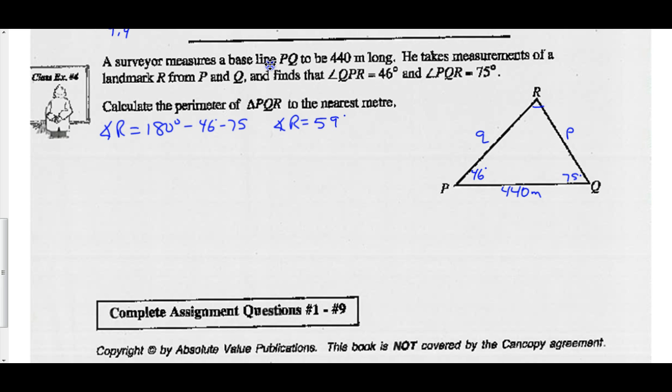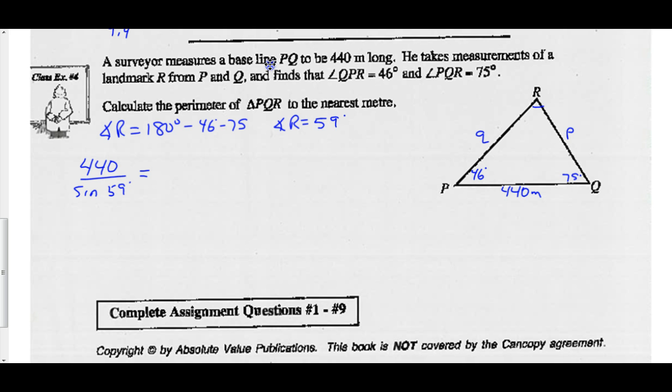So we need to know that, so now I have a complete ratio. I know angle R, I know the side opposite angle R is 440. So in my complete ratio, I can write 440 over the sine of angle R, which is 59 degrees. So I'm going to use that ratio to find our other two sides.